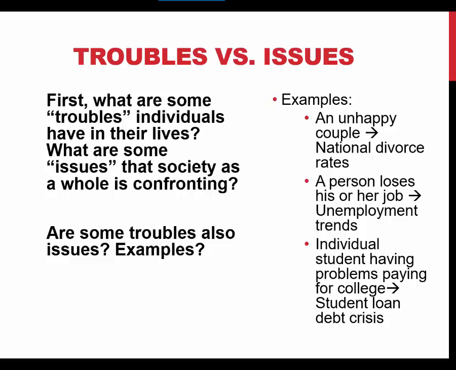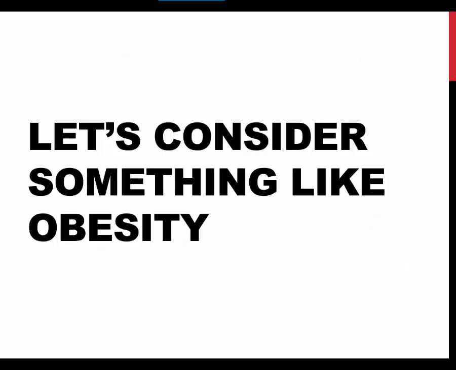The student loan debt crisis is a social issue. So, really, the best way to think about this is that while all troubles are not issues, if you're struggling to potty train your dog or your toddler, that's not necessarily an issue.